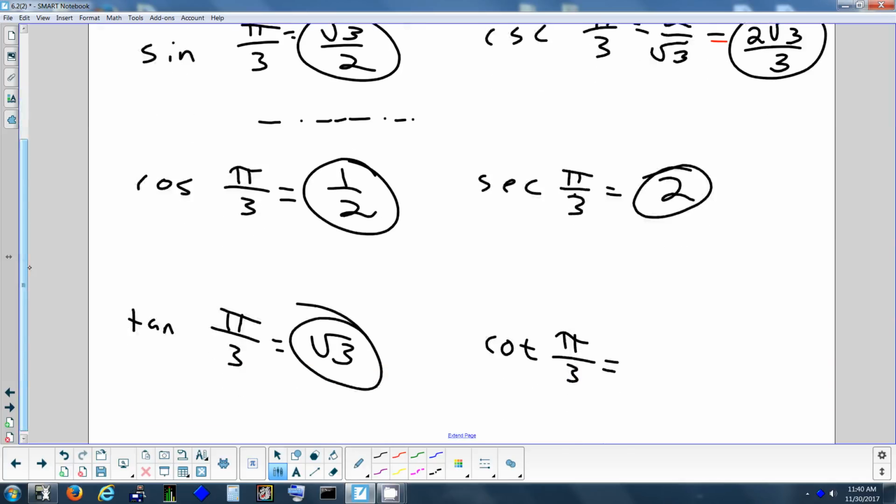And now for cotangent, we don't have a fraction to flip, but what could you do to make this a fraction? Put it over 1, and now flip it. 1 over the square root of 3. And what would I multiply top and bottom by? Square root of 3. And this is exactly the same question someone asked me about earlier.